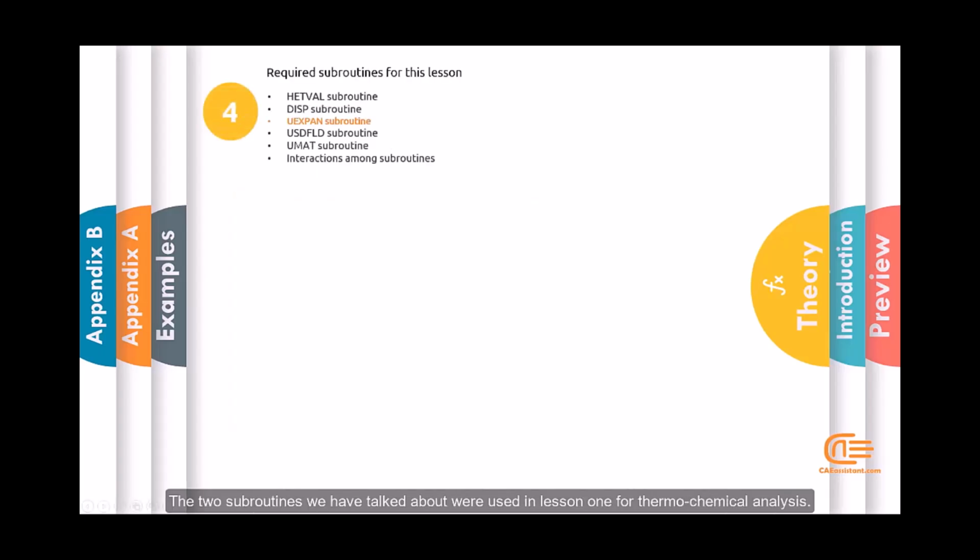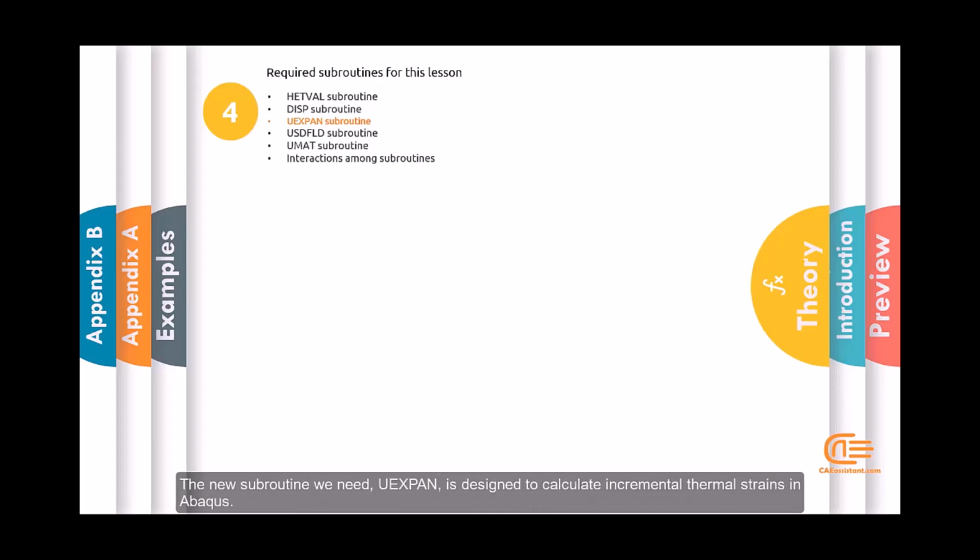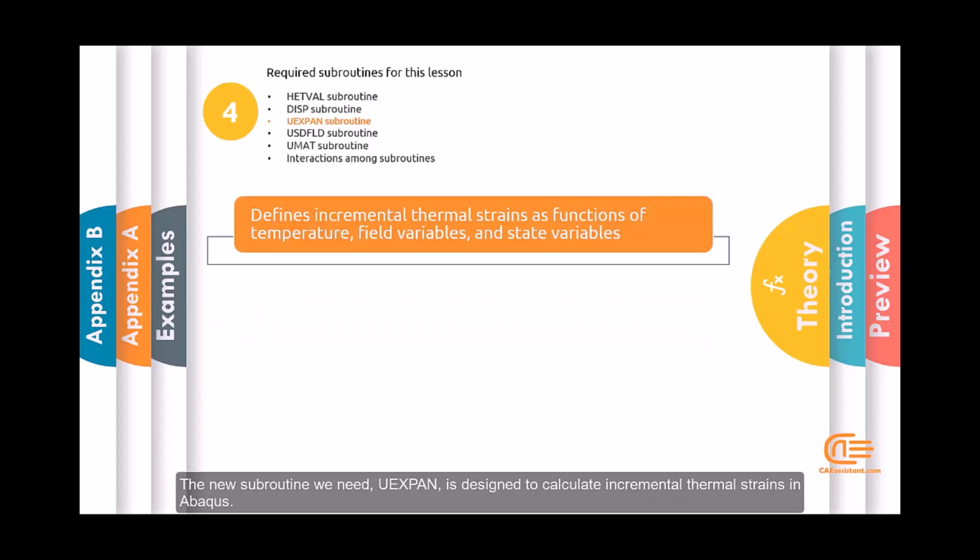The two subroutines we have talked about were used in Lesson 1 for thermochemical analysis. However, for the thermomechanical analysis in this lesson, we need extra subroutines. The new subroutine we need, UEXPAN, is designed to calculate incremental thermal strains in Abaqus.